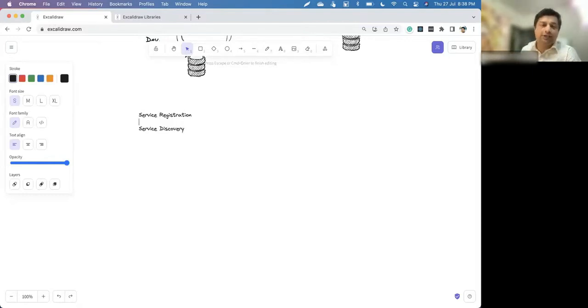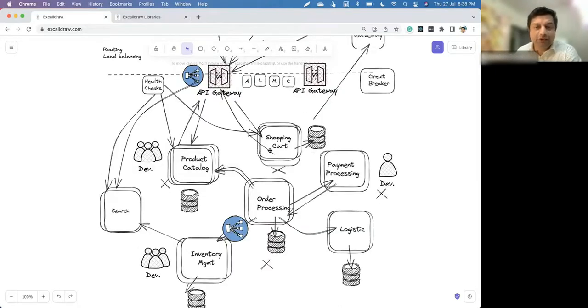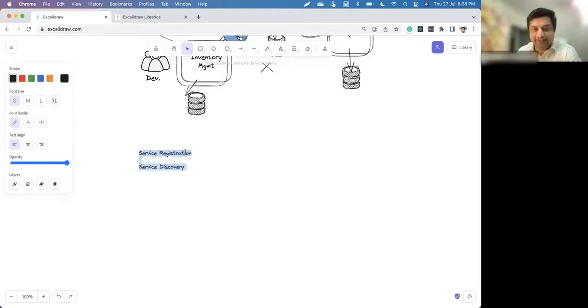So what actually you have to do is anytime you are creating a new microservice, you should also start registering the microservice to the API gateway, right? This is called service registration. Anytime you're instantiating a new microservice, it should do registration with the API gateway. This is service registry, right?